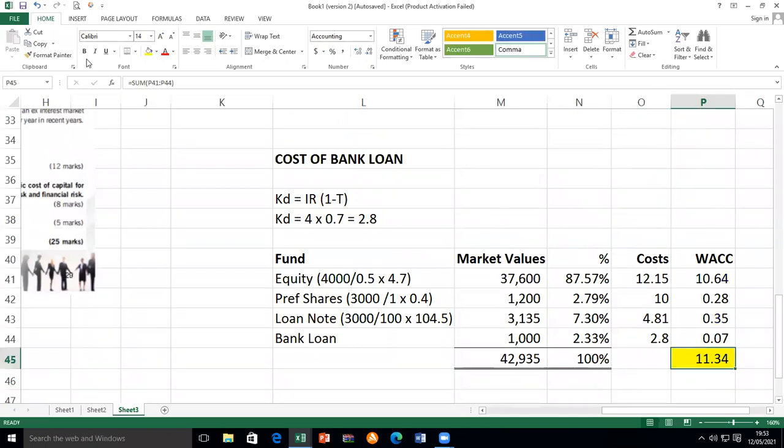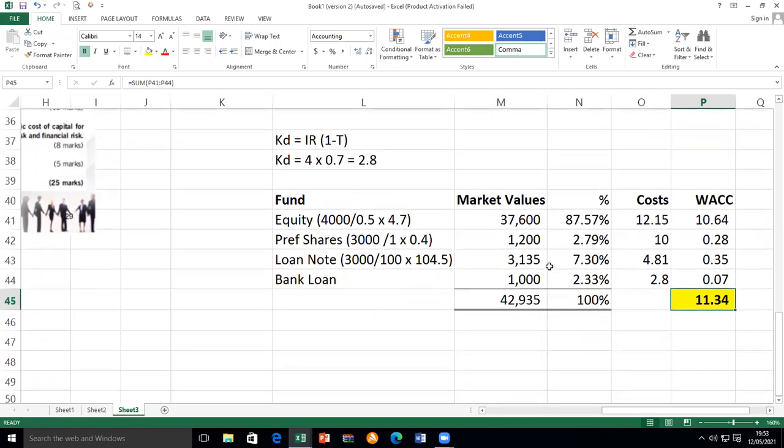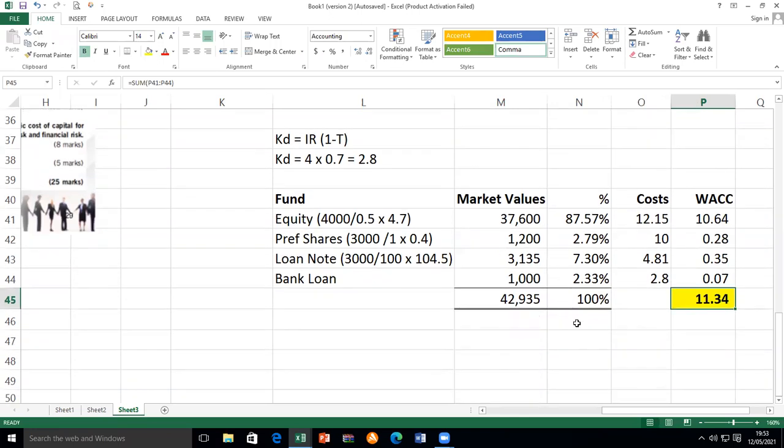Okay, so that was the answer that we have here. 11.34. Are you getting 11.34? Are we all getting 11.34?